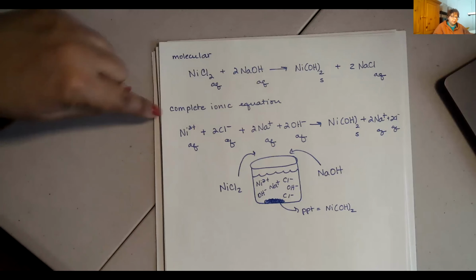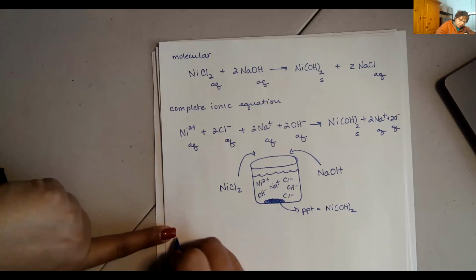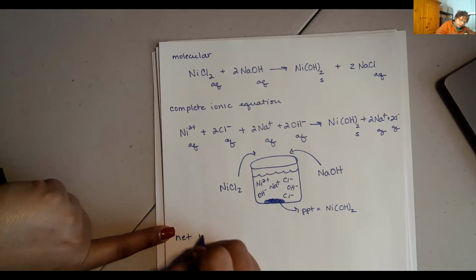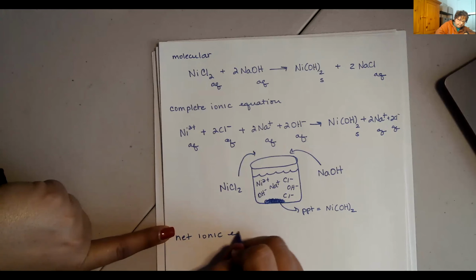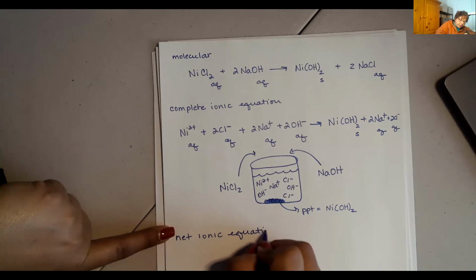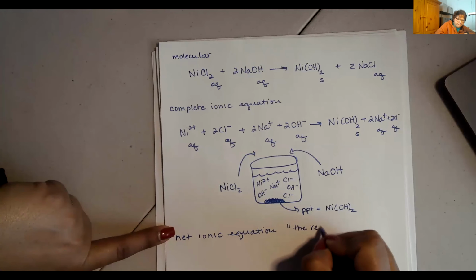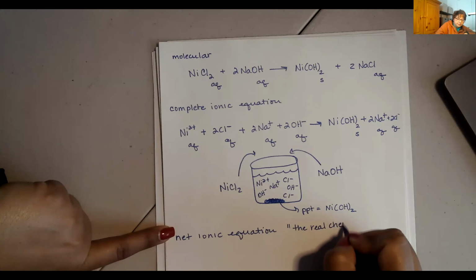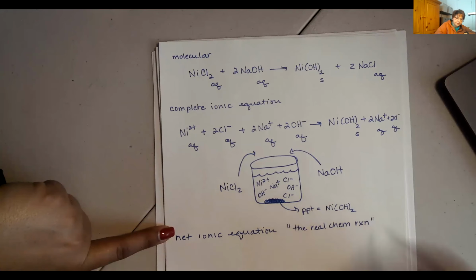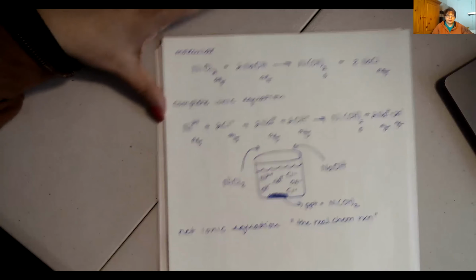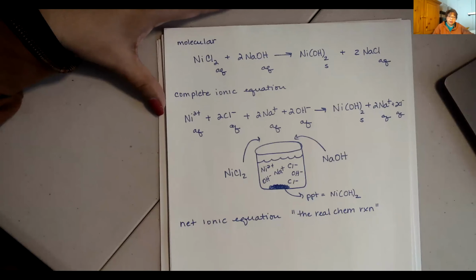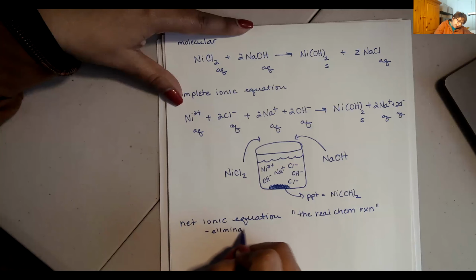All right, from the complete ionic equation, we can write what's called the net ionic equation. And the net ionic equation, sometimes we think of it as the real chemical reaction. What we do in the net ionic equation is we eliminate what are called spectator ions.